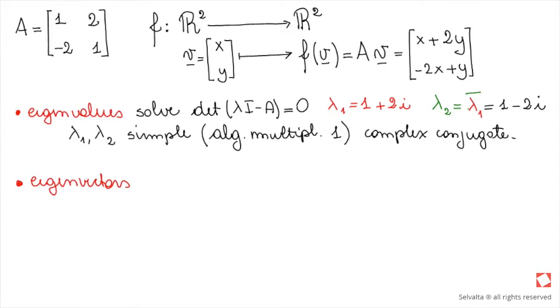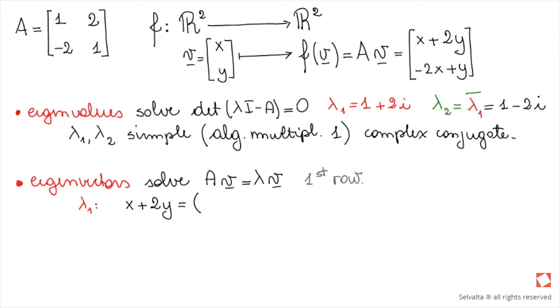Of course, the calculations will be run in the complex field. The eigenvectors solve Av equal lambda v, and it is enough to write the first row of this system, because we know that this is a singular homogeneous system. We obtain, in case of lambda 1, Av first row is x plus 2y.